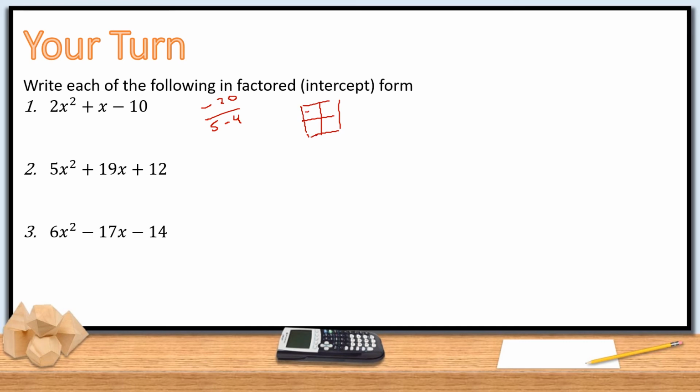I've got 2x squared. I'm going to just make this bigger because this is very small. All right, 2x squared in the top, minus 10 down below, and I'm going to put the minus 4 and 5. It doesn't matter which one gets minus 4 and which one gets 5.